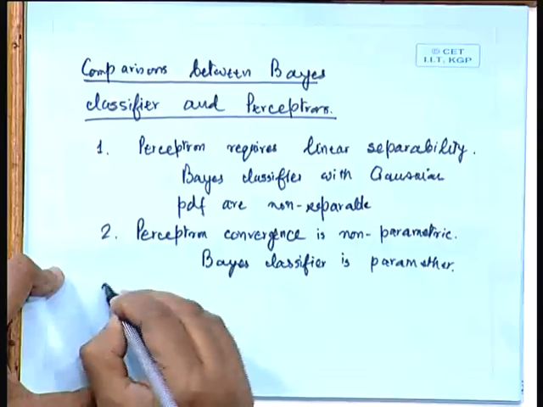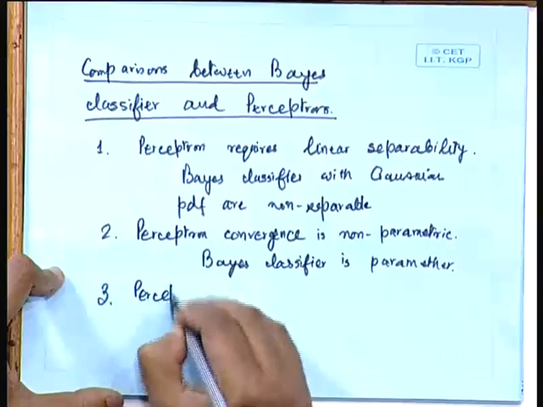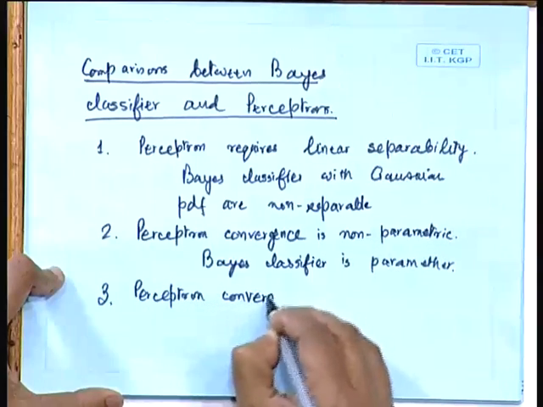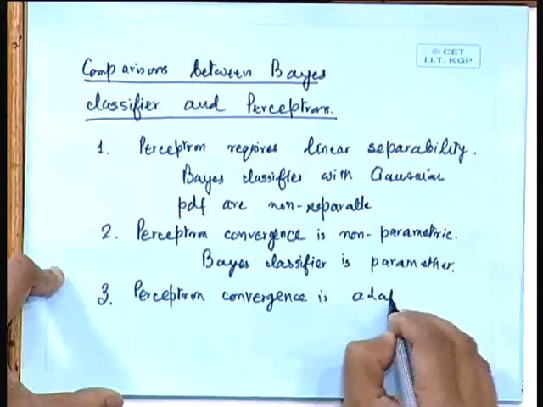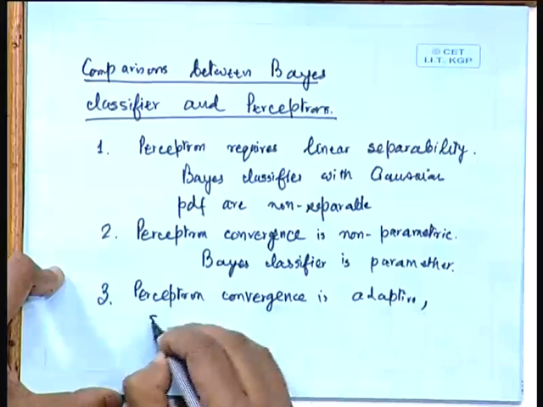And then the third point is that the perceptron convergence algorithm is adaptive and simple to implement.